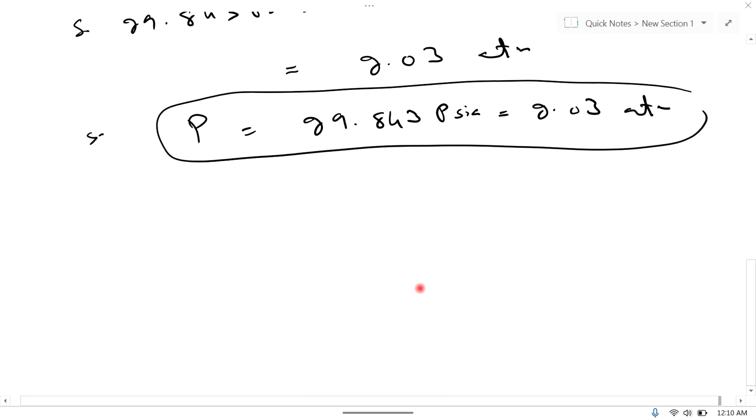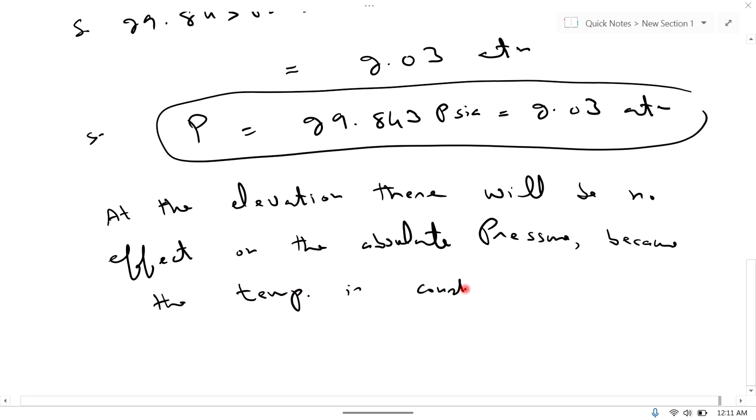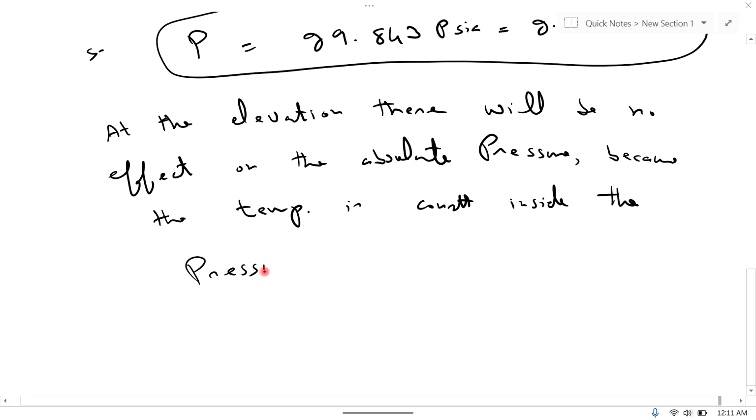So you can write the answer as: at higher elevation there will be no effect on the absolute pressure because the temperature is constant inside the pressure cooker, which is 250 degrees Fahrenheit.